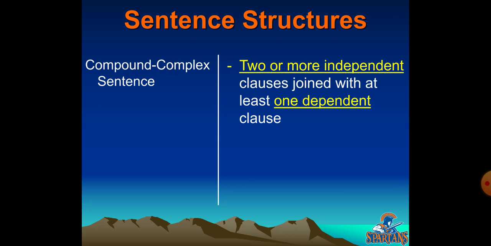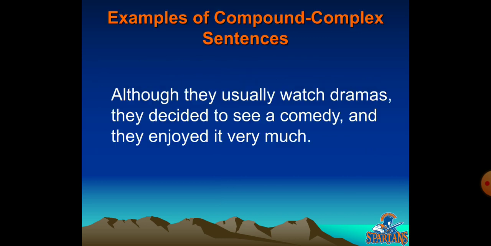A compound complex sentence contains two or more independent clauses joined with at least one dependent clause. That means it can have more than one dependent clause, but the minimum requirement is it must have at least one dependent clause and two or more independent clauses joined by a coordinating conjunction.